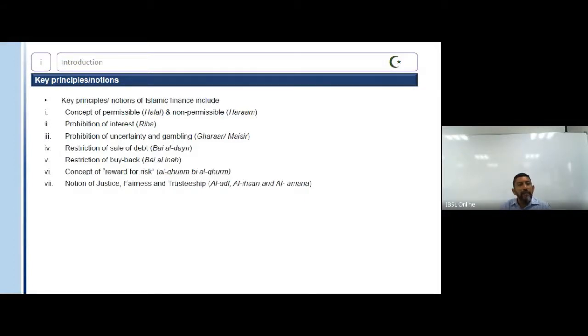Then the concept for reward for risk. Any return that comes in Islamic banking should be based on some risk related to the underlying assets risk or price risks involved.